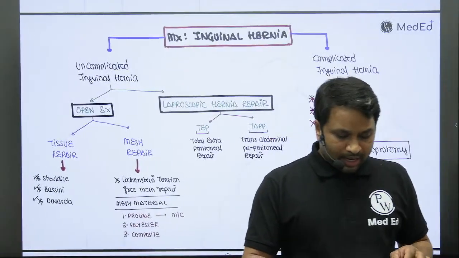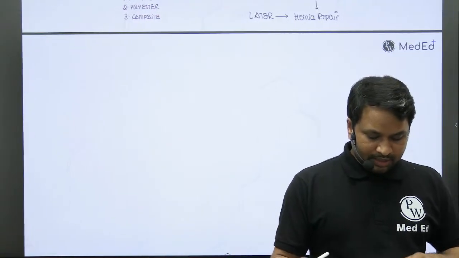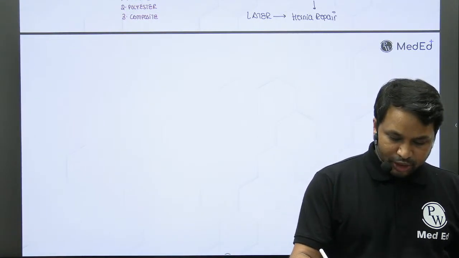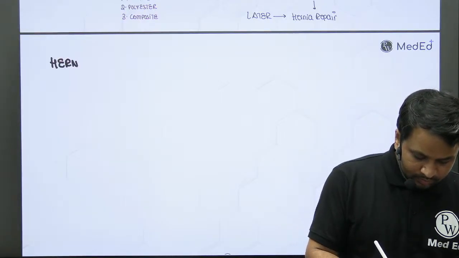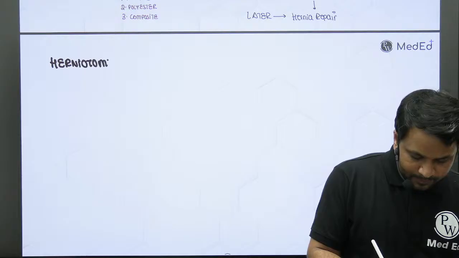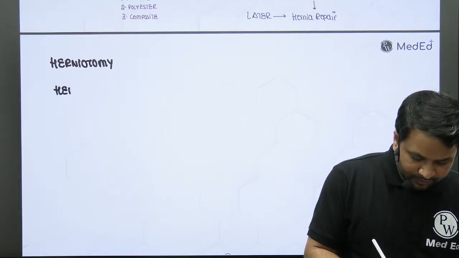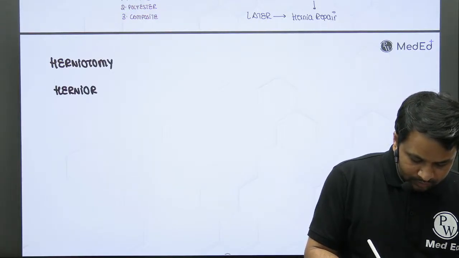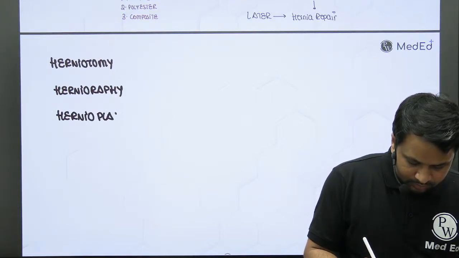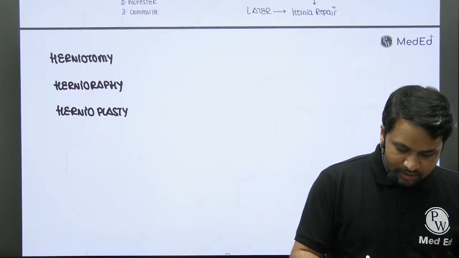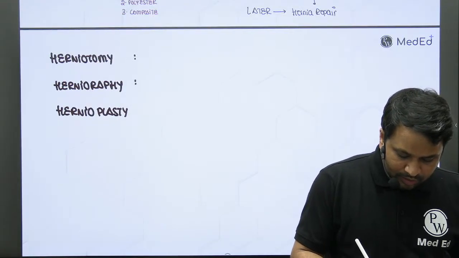Now, just to add the icing on the cake, you have to describe three terms that they expect you to tell. What is herniotomy? What is herniorrhaphy? And what is hernioplasty? These are three terms that we are expected to describe.